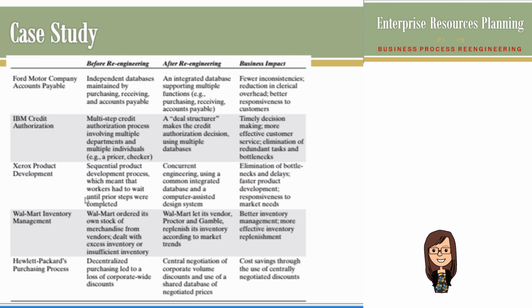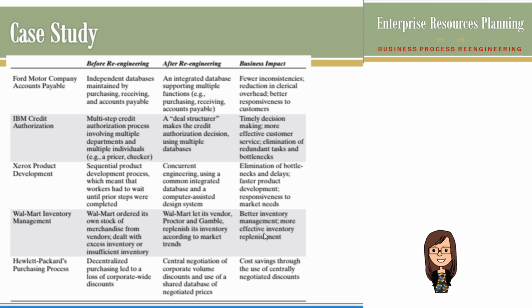This is what happened at Walmart. After they had the ERP system, they had better inventory management. That's why Walmart became the first company to implement vendor managed inventory, right?